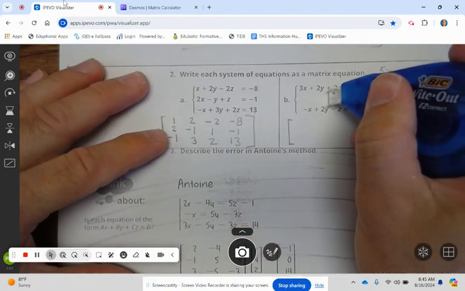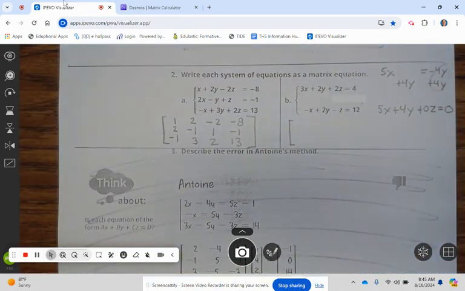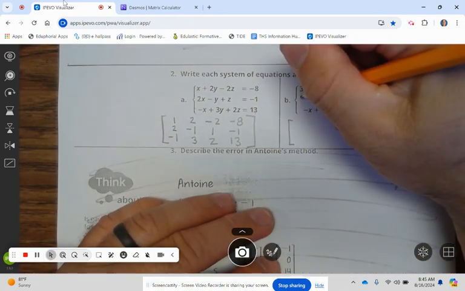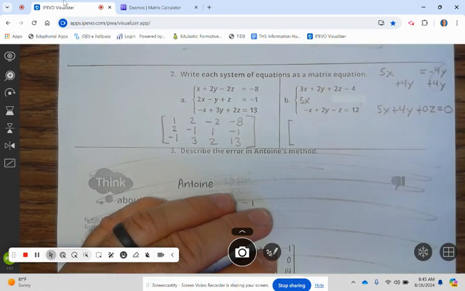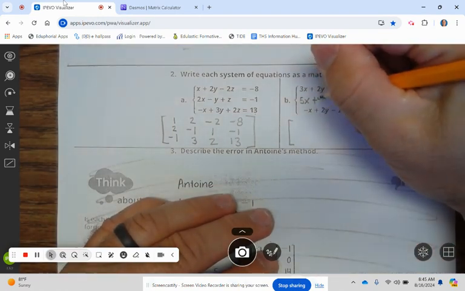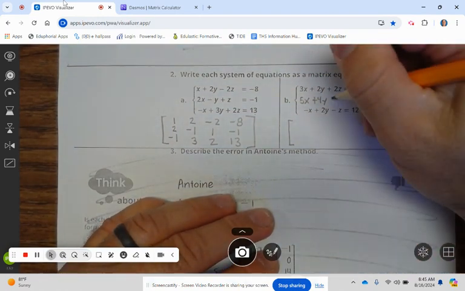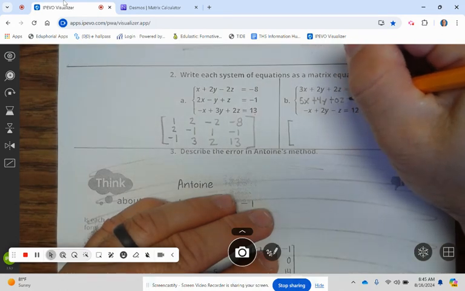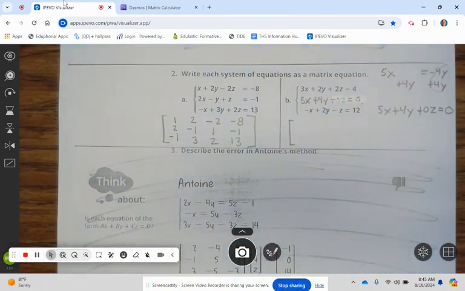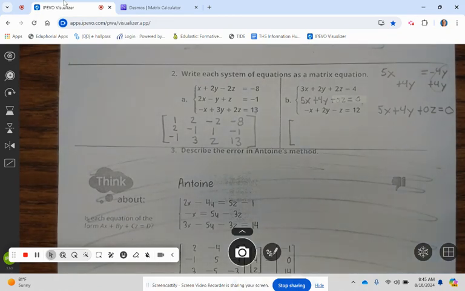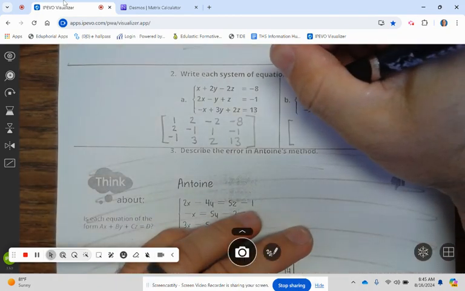So we're going to rewrite this as 5x plus 4y plus 0z equals 0. Now, write that so it's easier to see.